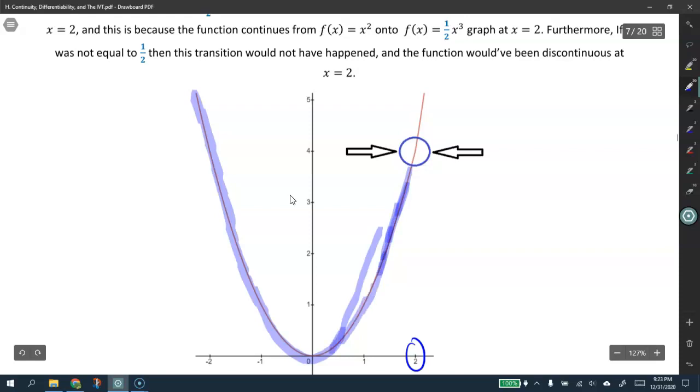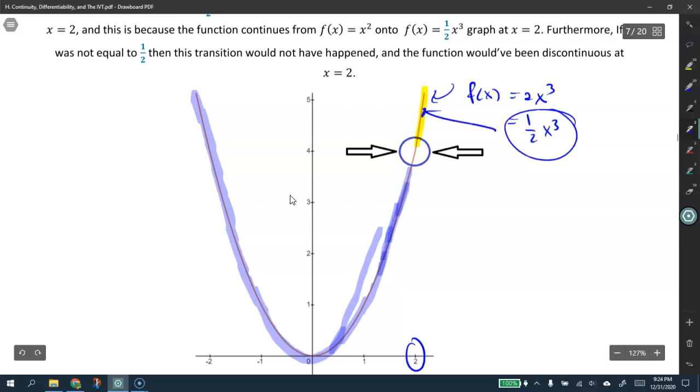And notice they had said that anything beyond 2 was a different graph altogether, and that graph was f of x equal to ax cubed. So if you found that a is equal to 1/2, this is basically the graph of 1/2 x cubed.